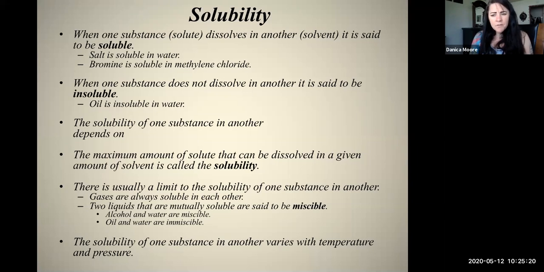Think about what you know about soda pop. Yeah, right? In order to get gases to dissolve in a liquid, you have to put them under pressure. Does that make sense, guys? So not all solutions are really sensitive to pressure, but for the most part, they're all sensitive to temperature. Okay.